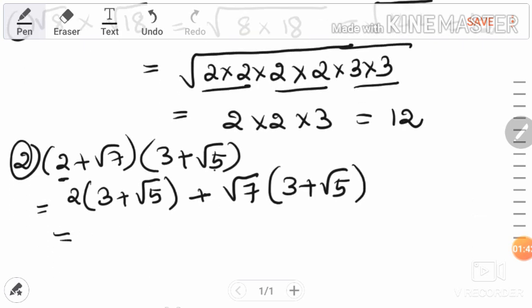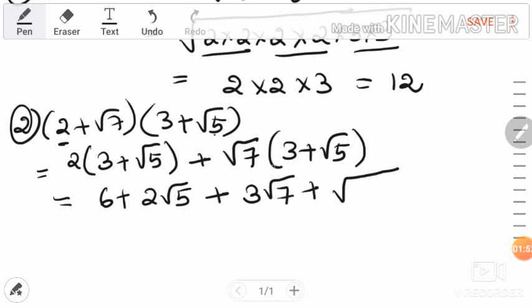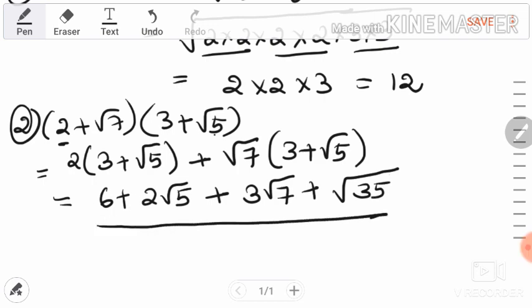So this is equal to 6 plus 2 root 5 plus 3 root 7 plus root 35. This will be the final answer of this product.